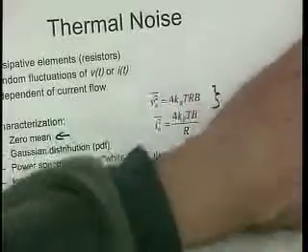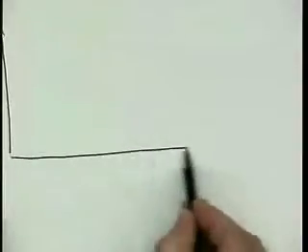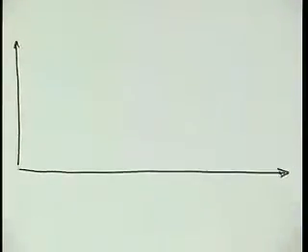Then another important thing is the spectral distribution. Well, what is that? If we were to take a spectrum analyzer, basically what it has is a filter, and the center frequency of that filter can be adjusted.